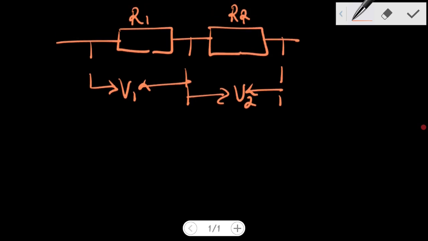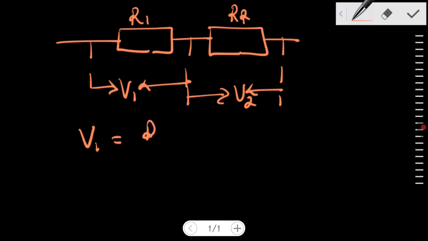The PD across R1 would be V1 equals R1 all over R1 plus R2, multiplied by the total voltage from the source.